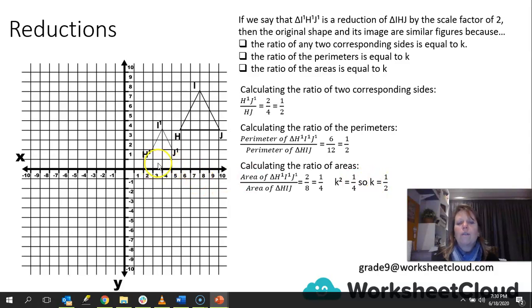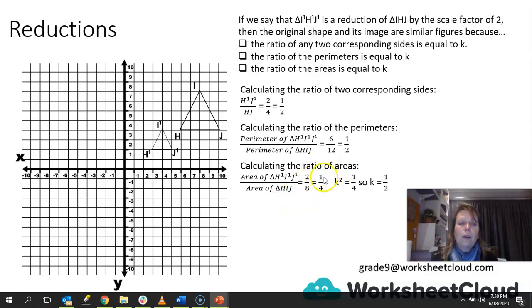If we have a look at our areas, remember it's half base times height, so half the base is 1 and the height is 2, which gives us 2. The area for this one, half the base is 2 and the height is 4, so that would give us 8.